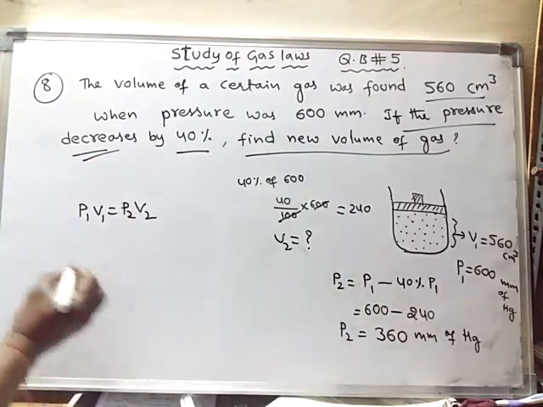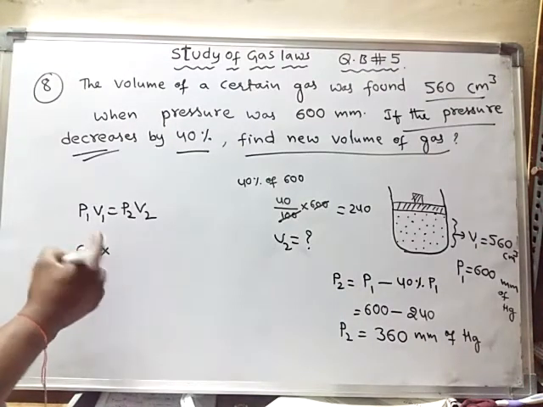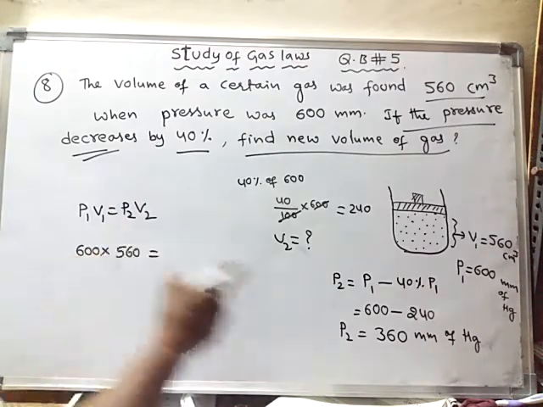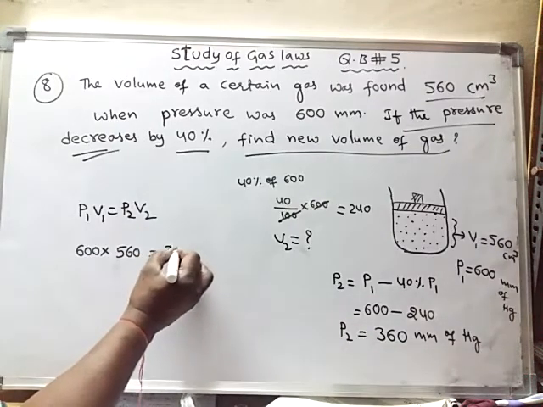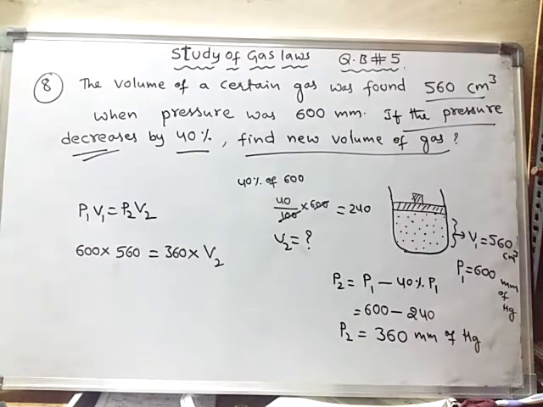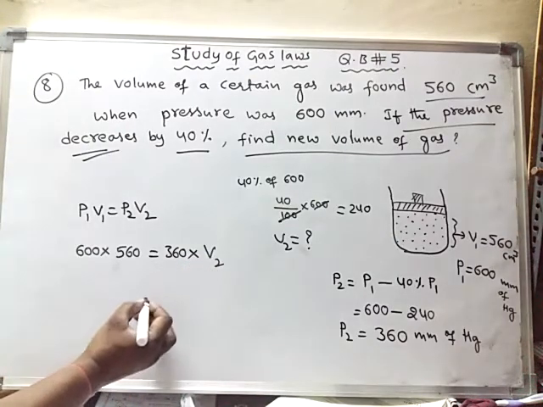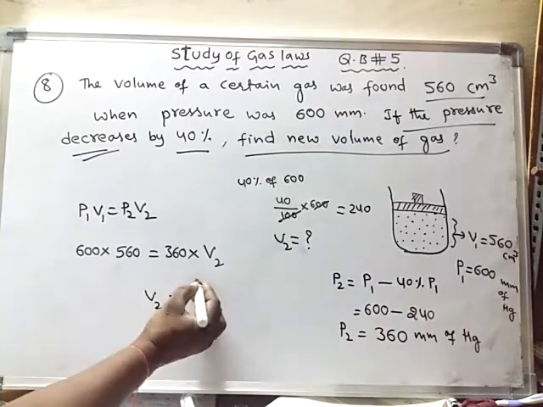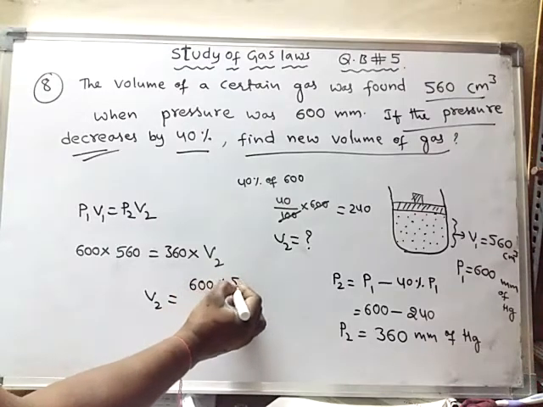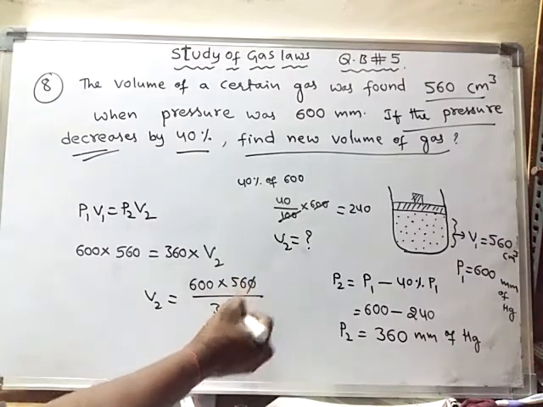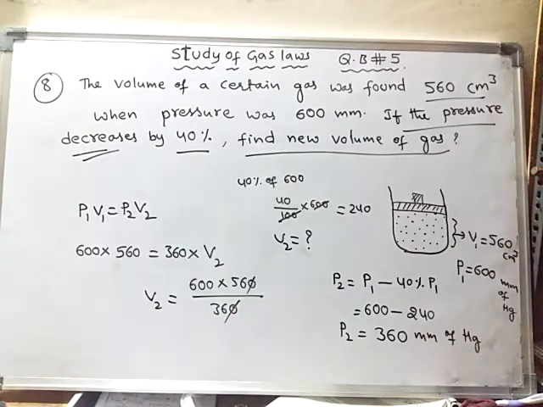So what is P1? 600, into what is V1? 560, is equal to what is P2? P2 is 360. And V2 we don't know, let us assume it as V2 only. Now V2 can be calculated like this: multiplying 600 with 560 and dividing by 360, so the zeros cancel.